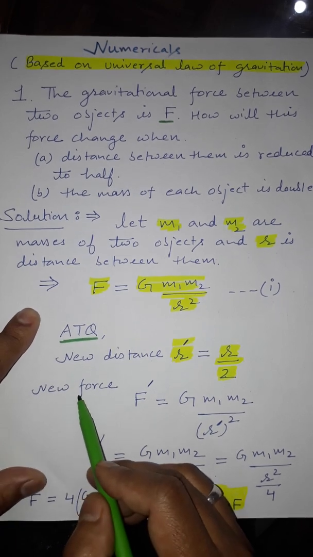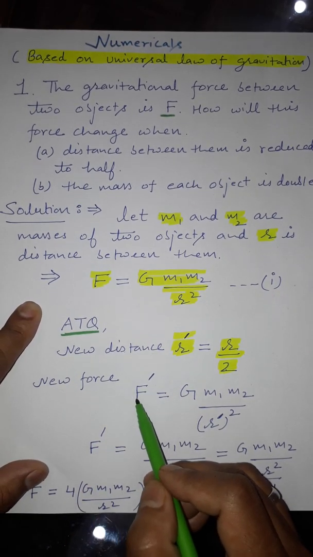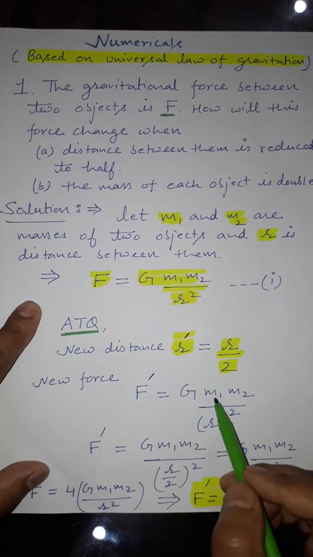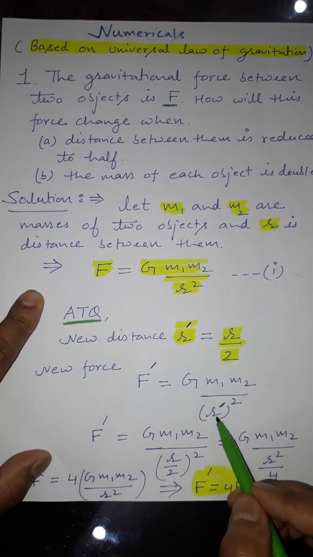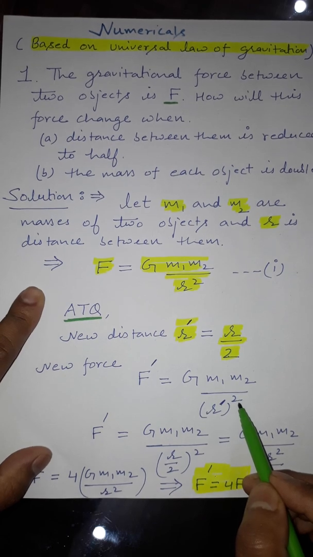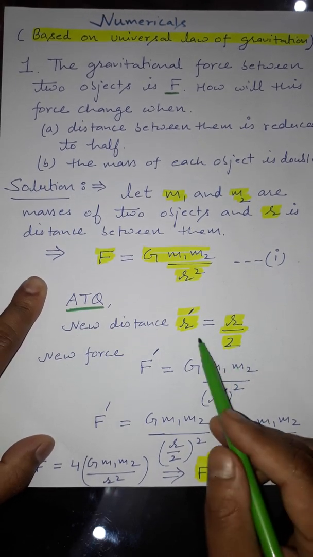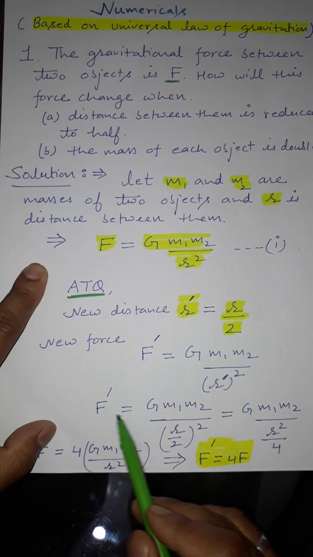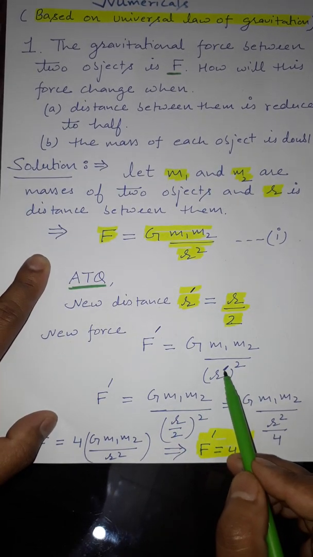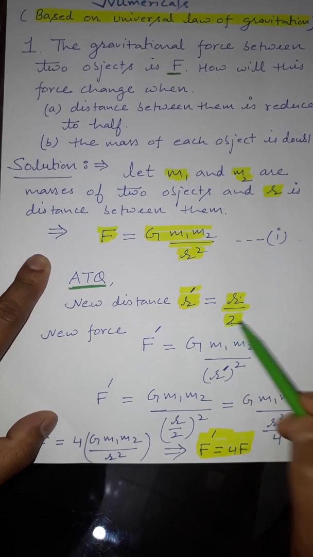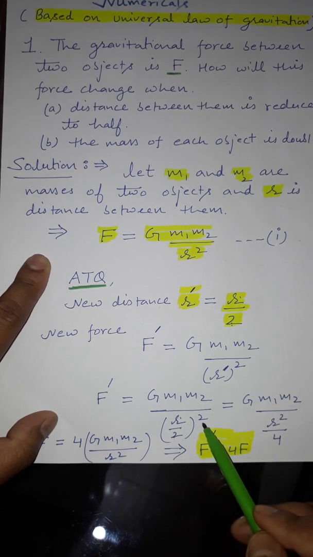So the new force is F dash equals G m1 m2 over r dash square, since the distance is now r dash. Using the value of r dash, F dash equals G m1 m2 over (r over 2) square.